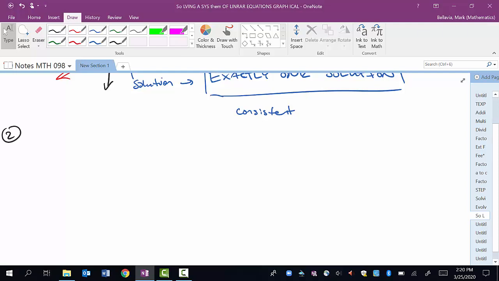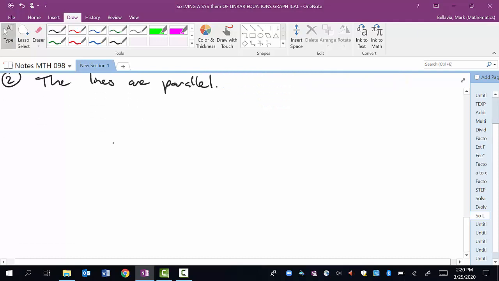The other possibilities that could happen are that the lines are parallel. Now if the lines are parallel, think about what that means. So let's draw just a quick sketch of an x and y axis.